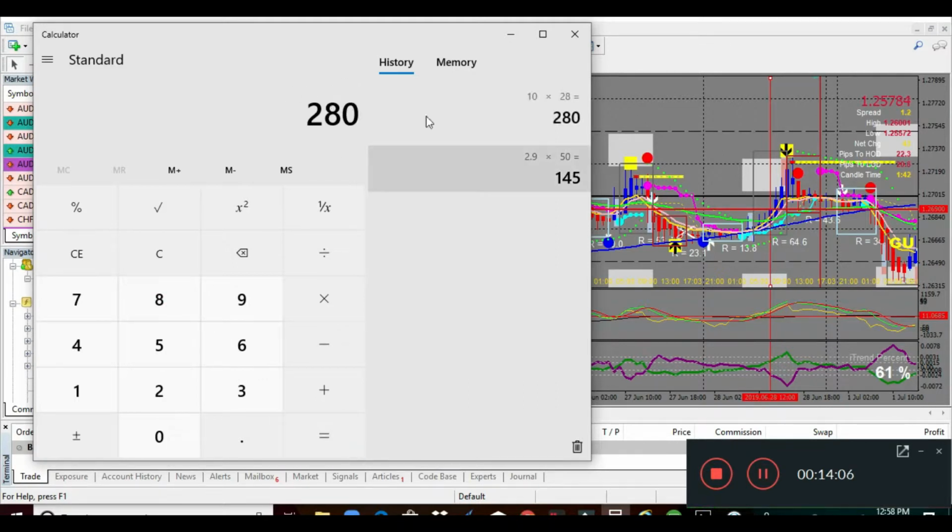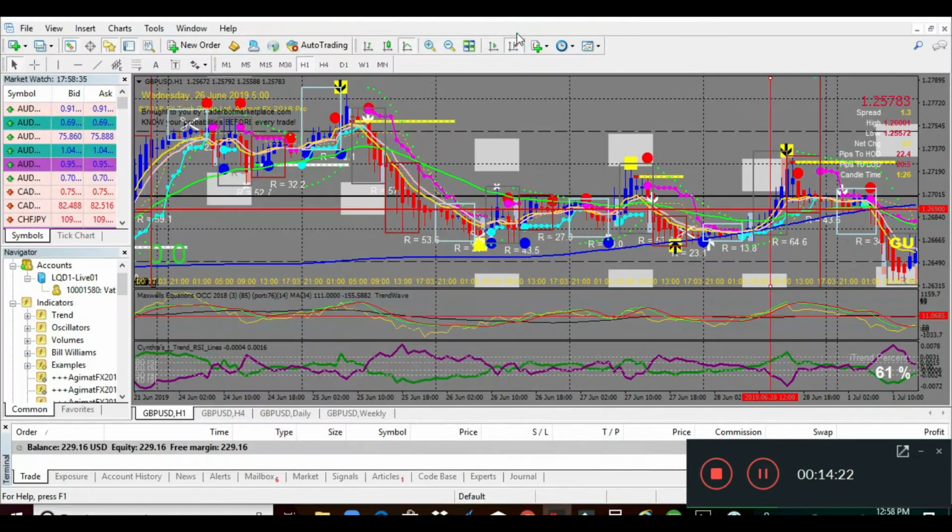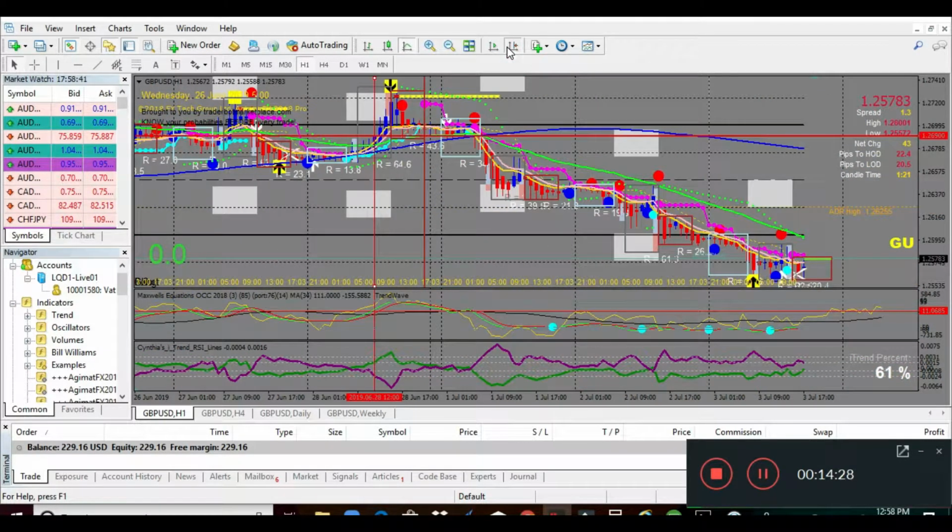So that's $280, and if you wanted $100 a pip, then that would be about, I think, 2,800. So yes, guys, I guess I wasn't rusty with my math, so I'm kind of happy about that. Not rusty at all. So sometimes you gotta have faith in yourself.